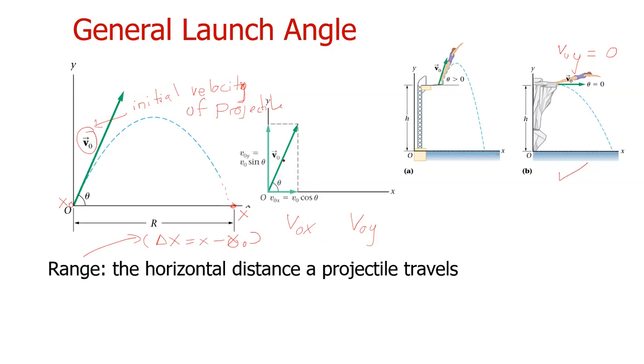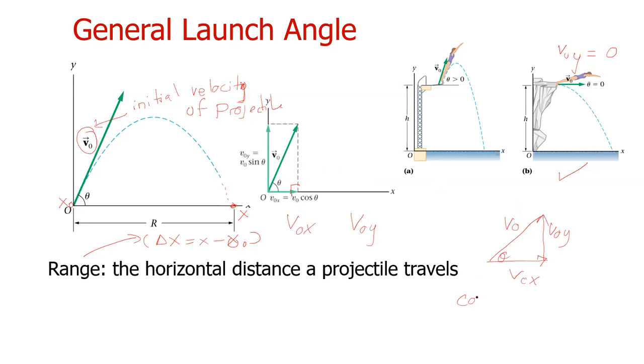We learned this in lesson 1, how to get the components of a vector. You make your right triangle. If you are not sure why this is, just use cosine and sine relations. You have a vector, which we call V naught, this length, and I need V0x and V0y.